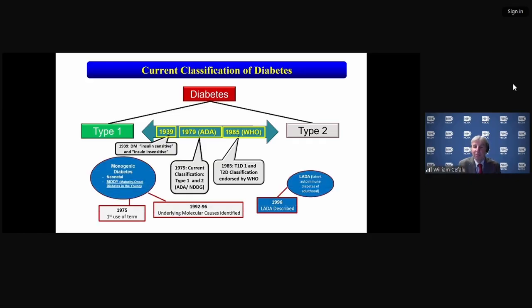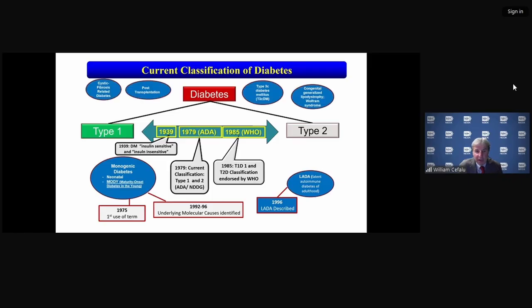We've heard a lot about monogenic diabetes. The first term was used in the 1970s, with the molecular underpinnings beginning to be understood in the early 90s. We have latent autoimmune diabetes of adulthood, first described in 1996. And as we've heard today, there is diabetes related to lipodystrophy, diabetes related to pancreatitis, post-transplantation, and cystic fibrosis related diabetes.